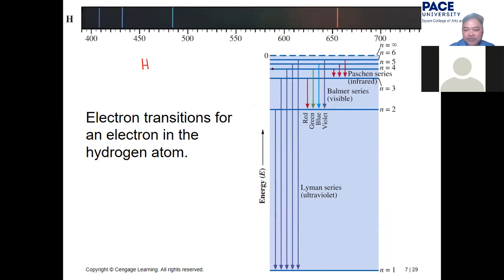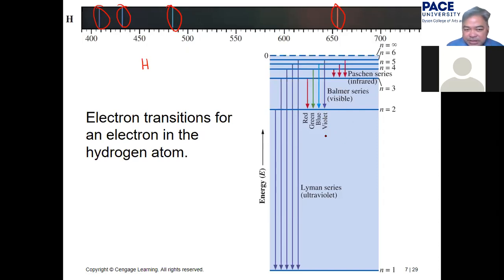So he was able to explain that this light here, okay, or line spectrum, the line that you observe here, that's just the transition, at least from n equals 5 to n equals 2, okay? And then n equals 4 to n equals 2. So that's the one that you have here. And then you have n.